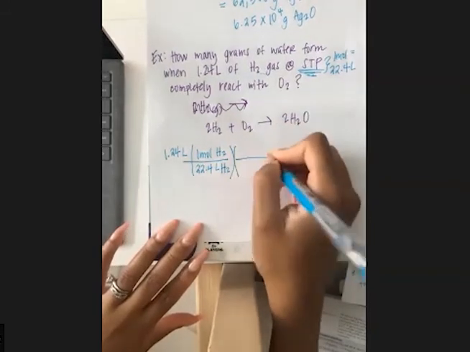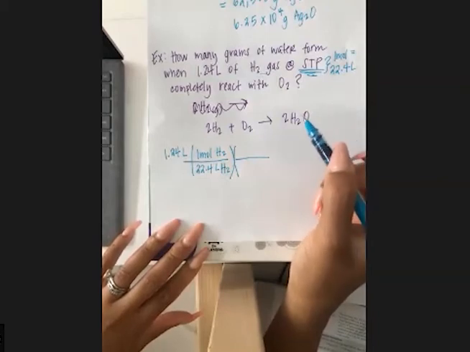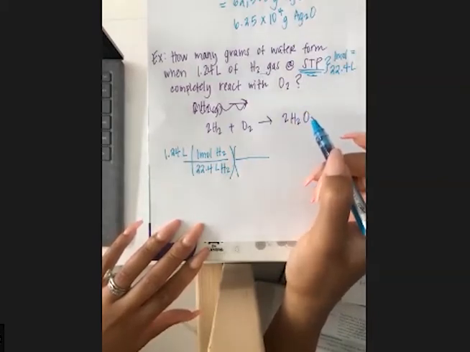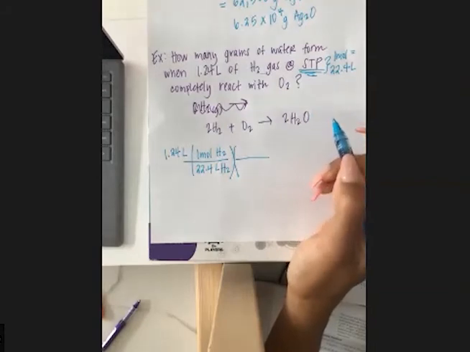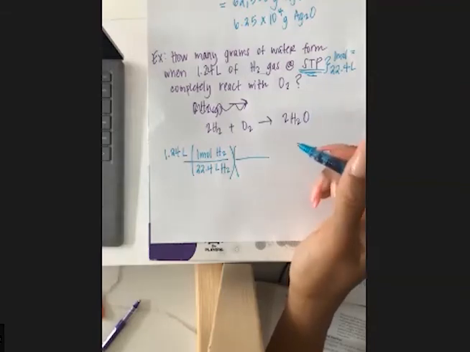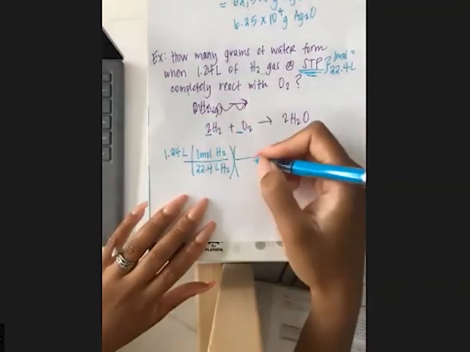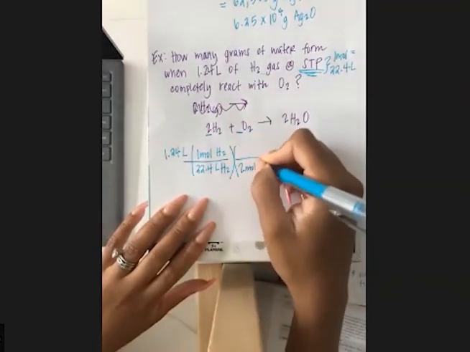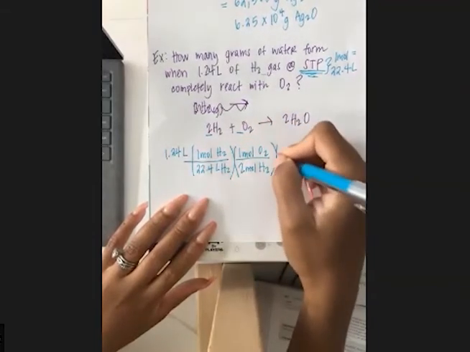My next step simply says, let's just use the mole to mole ratio. What's the mole to mole ratio from hydrogen gas to oxygen gas? 2 hydrogens, 1 oxygen. So I'm going to say 2 moles of H2 for 1 mole of oxygen gas.